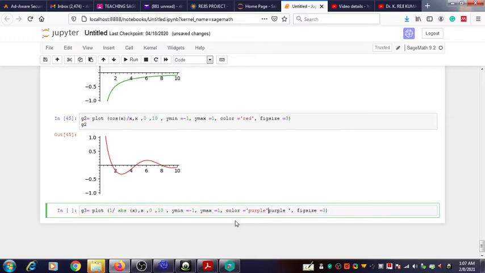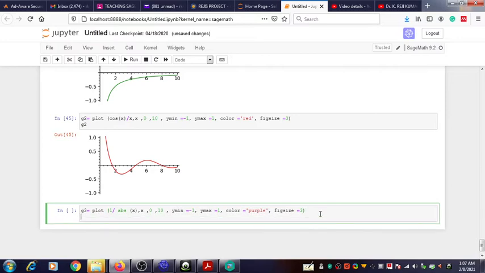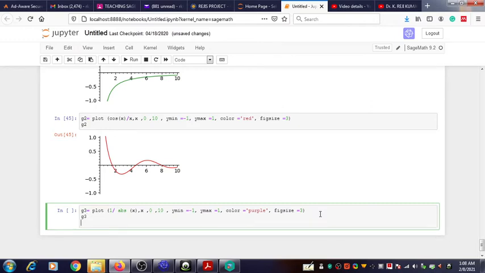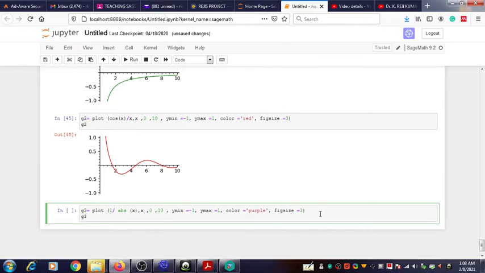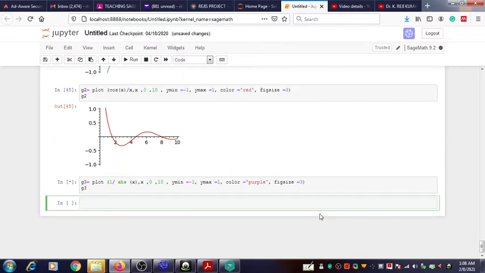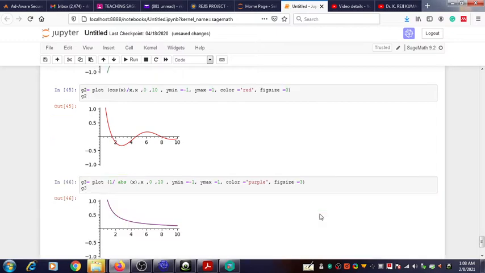Instead of using the quotation along with the name of the color, we just type it, and if you want to see the output, you just type G3 again, and you can take the output. You have to wait for the output.